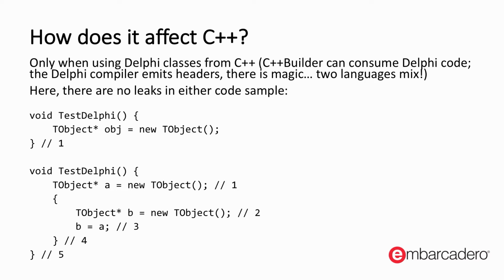The variables B and A now both point to the same object, so that object has a ref count of 2. At 4, B goes out of scope, so the ref count is decremented to 1. At 5, the last reference to the object, A, goes out of scope, so the object is deleted. Despite how it may appear, in normal C++ it would leak, but here with ARC there is no memory leak.